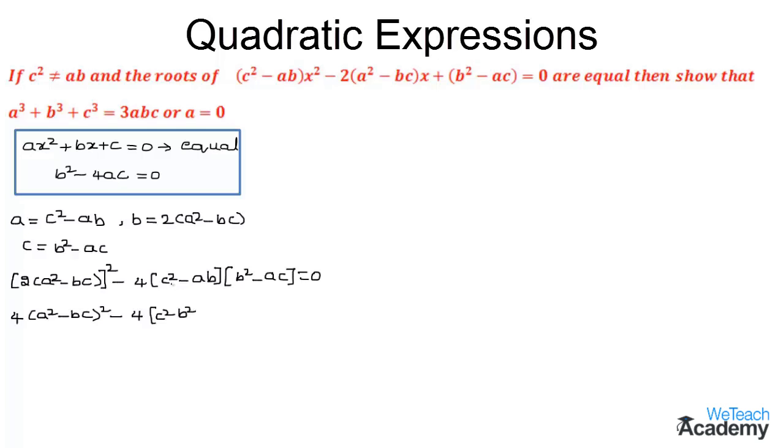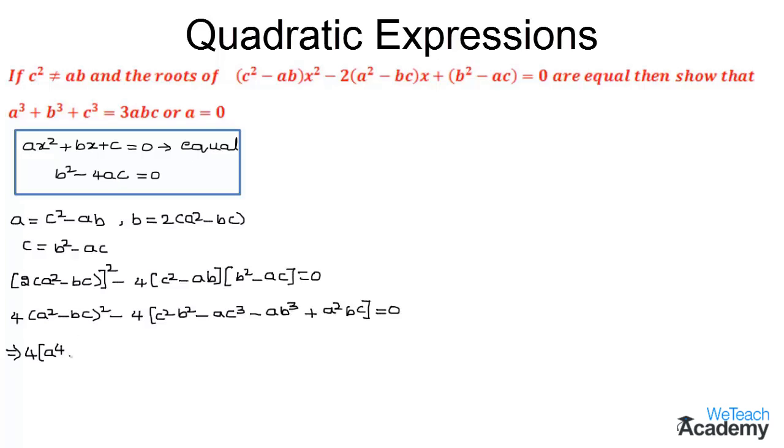On multiplying, c square into b square we get c square b square, minus a into c cube, minus ab into b square which is minus ab cube, plus a square bc, is equal to 0. So we get 4 into, and we observe that a square minus bc whole square is in the form of a minus b whole square.